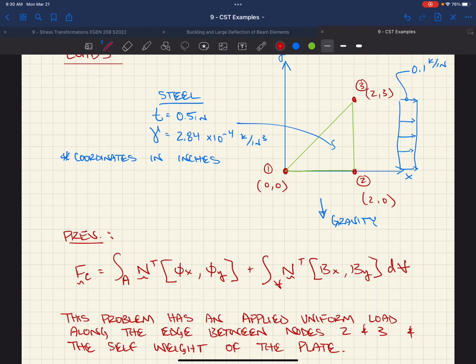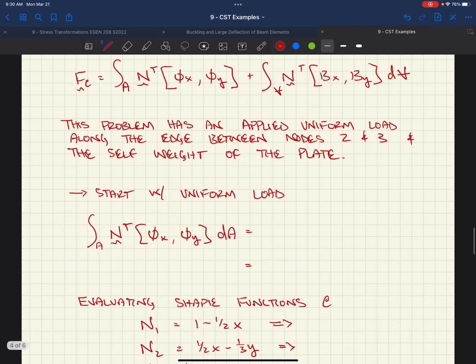And so our integral now becomes that, right? It has a known magnitude, right? That's our dx, right? Known magnitude, 0.1 kips per inch.